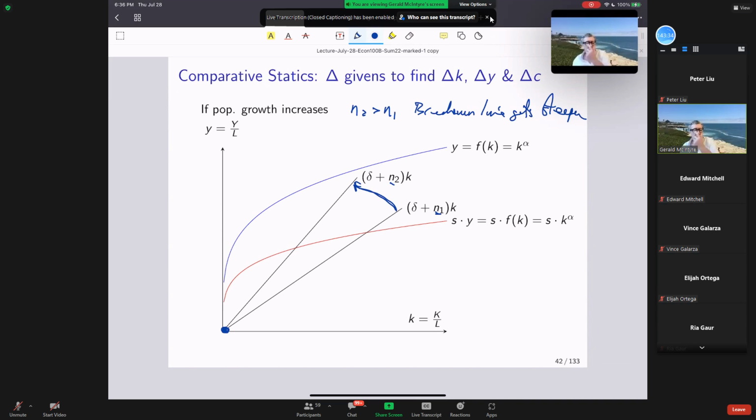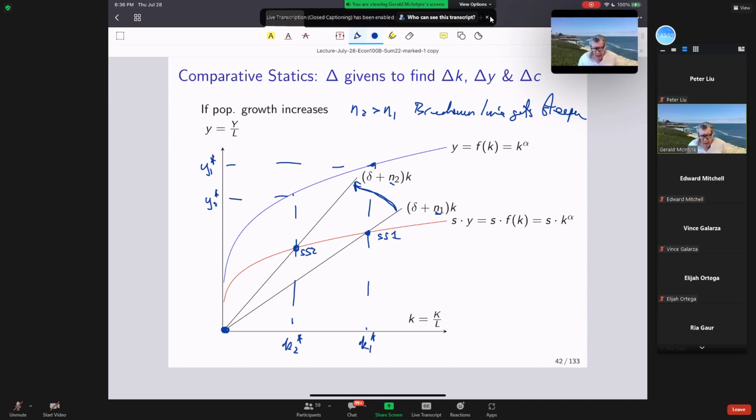Okay, and notice the steady state would go from here, this would be steady state 1 at K1 star and Y1 star, to a new steady state here, steady state 2, K2 star, Y2 star.